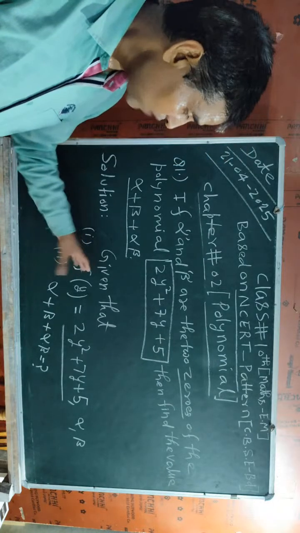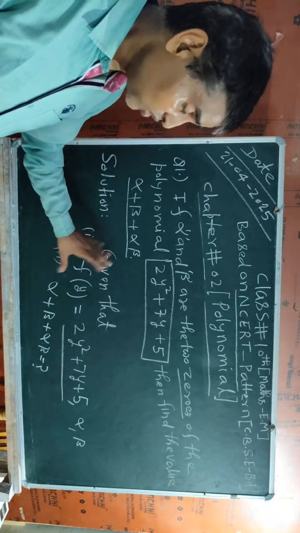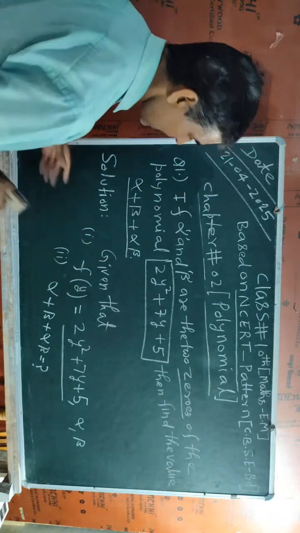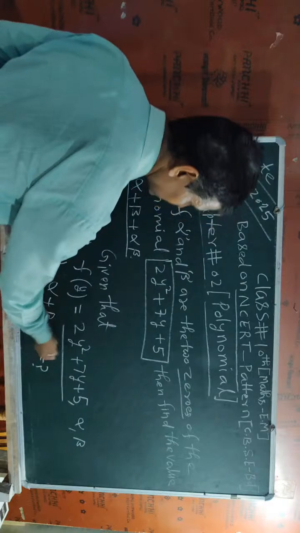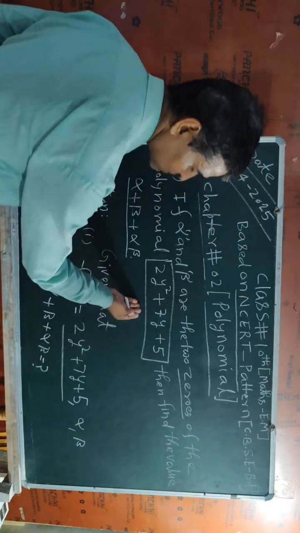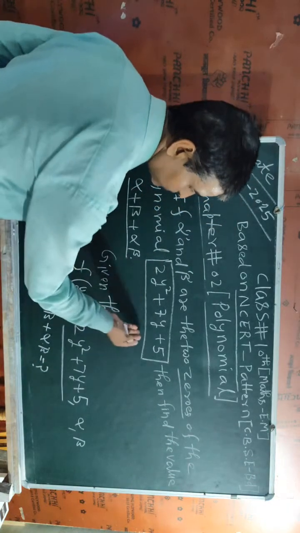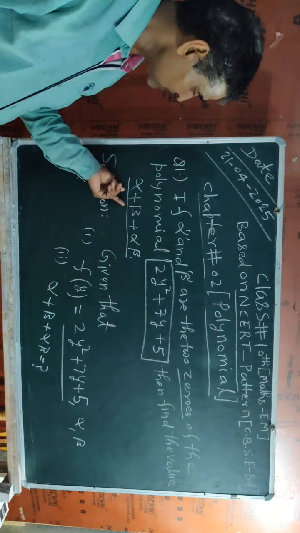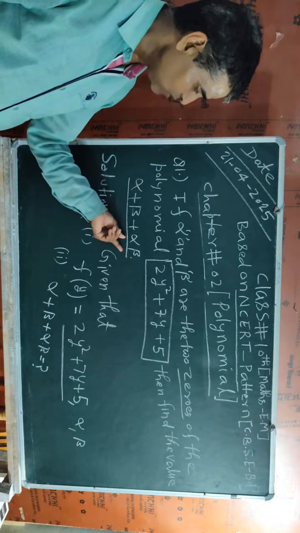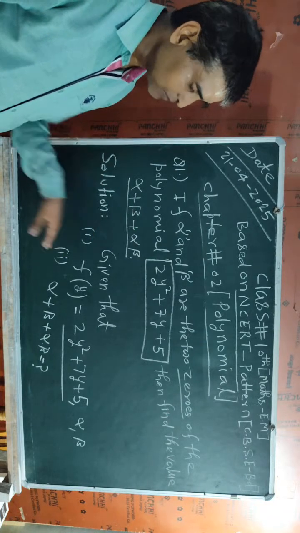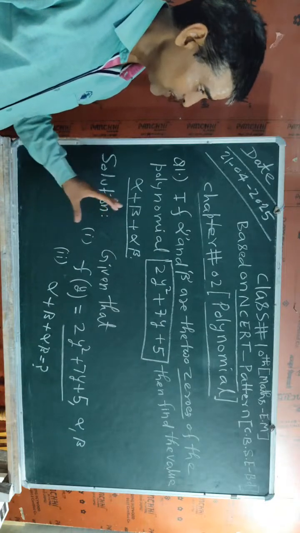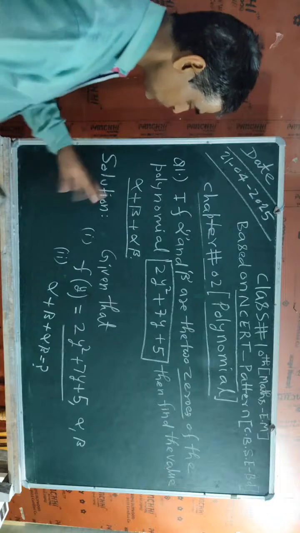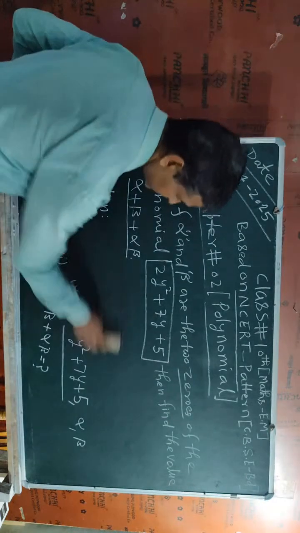I am going to erase this because I want to solve it further. The expression is available here, so I will take the sum of the zeros and also the product of the zeros from here, put in the sum of the zeros, alpha plus beta, and then alpha into beta, and after simplification I will get a value. That value will be the answer to this question. Now I am going to solve it after erasing.